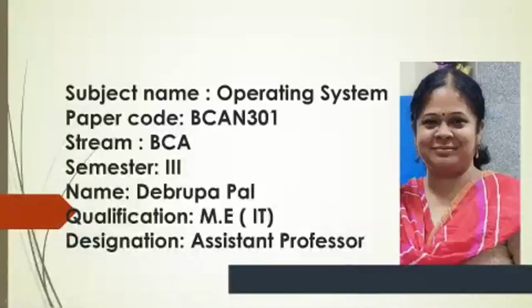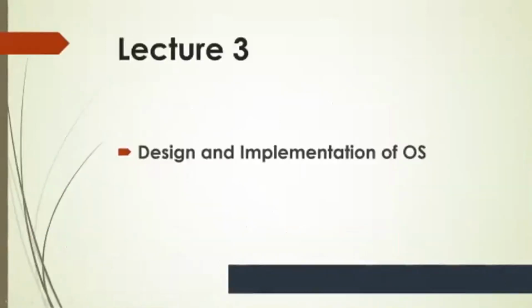So this is our operating systems third class, and we will learn about design and implementation of operating system. It is quite complicated to define all goals and specifications of operating system while designing it. The design changes based on the type of operating system.